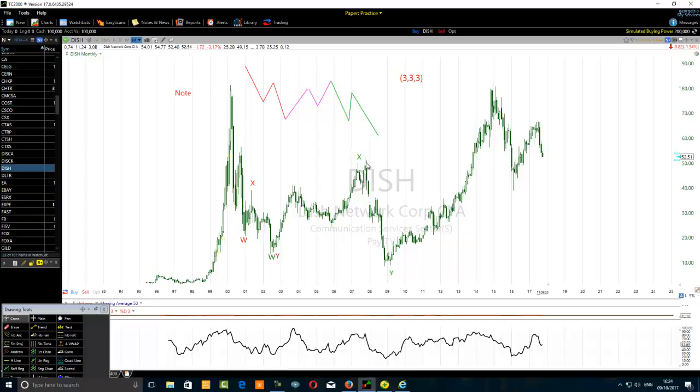So you need to understand clearly that when we are talking about corrective wave, the W here can be a zigzag, can be a flat correction. In theory, they say that it cannot be a triangle. Just note it down, that in theory, they say that the W cannot be a triangle.